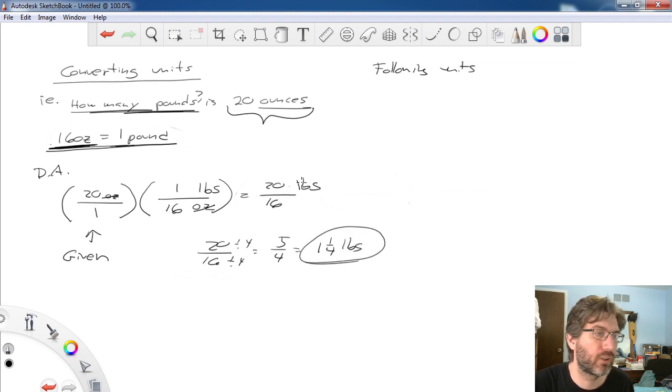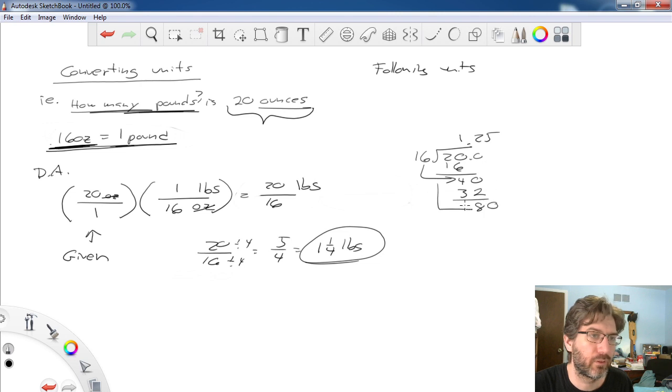You could leave it like that, or you can just do your division here. 20 would go in the box, right? 16 goes into 20 one time. 1 times 16, you're left with 4, decimal point 0, bring it down, and you're going to get 1.25 eventually, once you do all your division here. 16 goes into 40 twice, which is 32, that brings down, gives you 8, bring down the 0, 16 goes into 80 5 times, so 1.25 pounds.